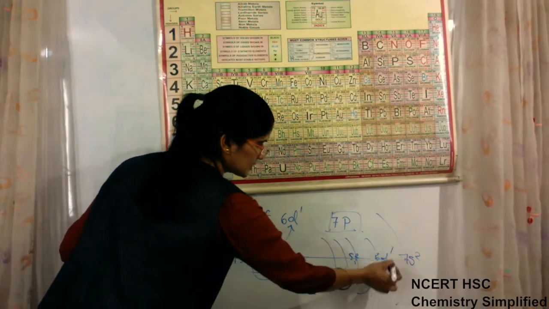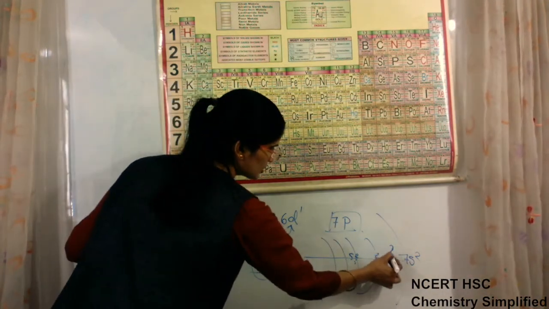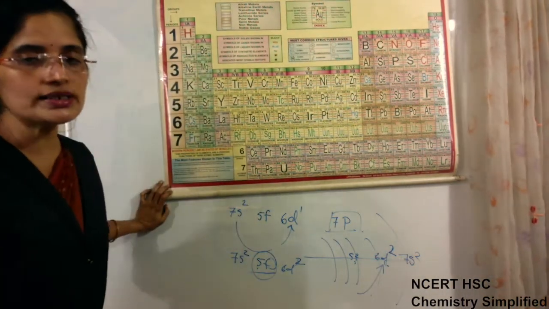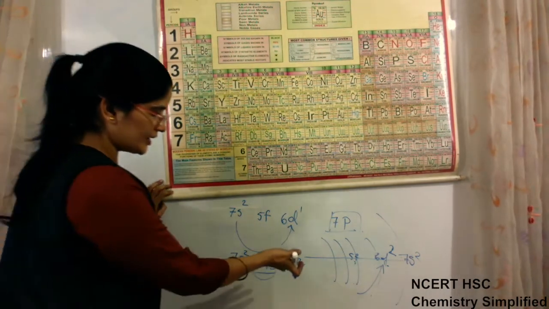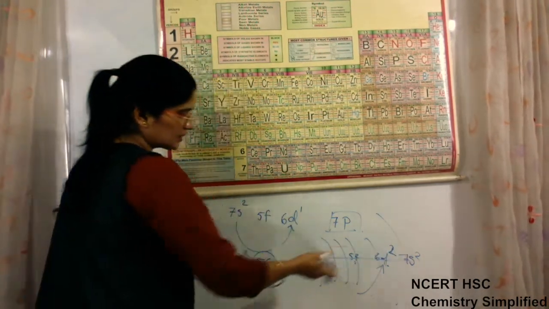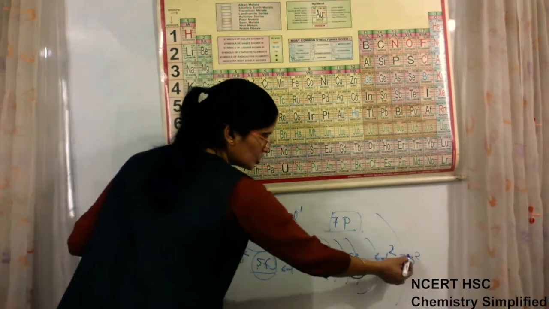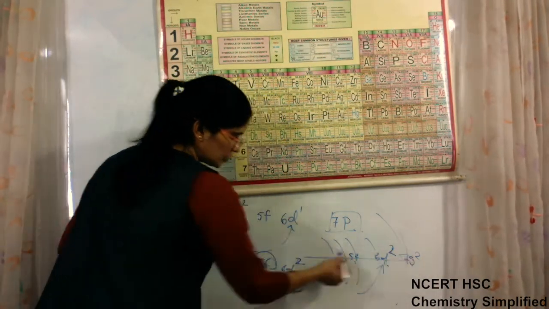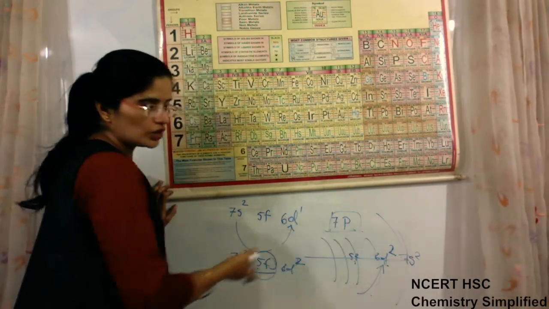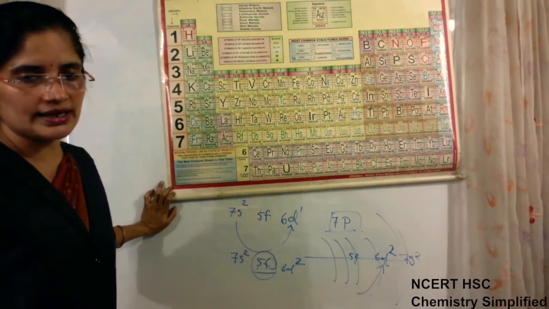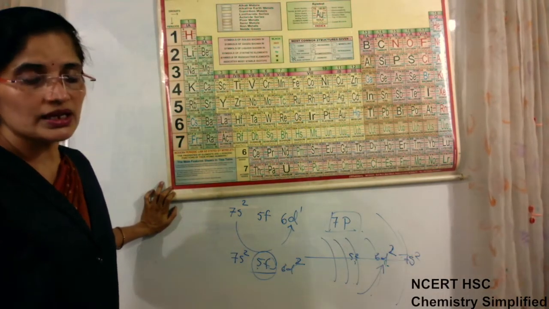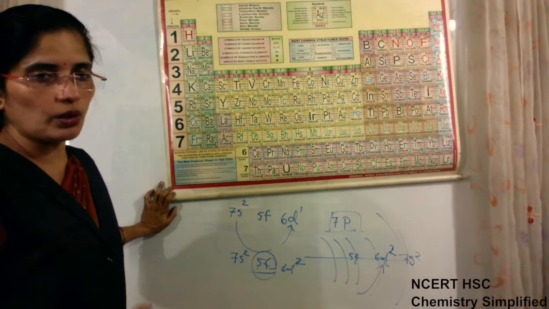First it went 6d1 and then it became 6d2. This is done to stabilize the core. When the size of the atom becomes bigger, then what happens? If there is no attraction between the outer electrons and the inner core, then the atom will be destabilized and will not be stable to accommodate more electrons.